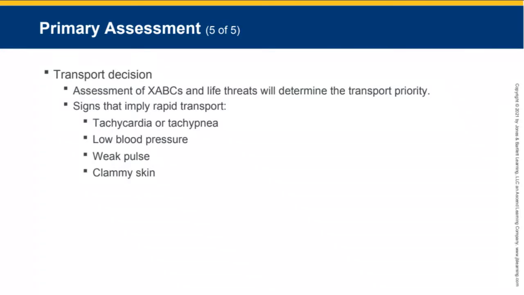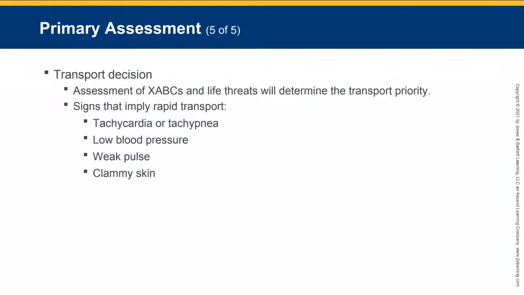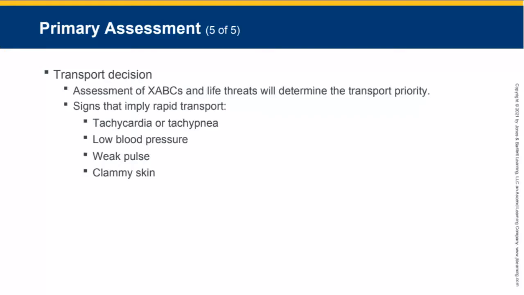If I had a patient who was coming down some stairs, and while coming down the stairs, the patient slips and twists their knee at a bad angle and may have dislocated their knee. This patient has a localized mechanism, so the injury or the mechanism is specific to the knee.